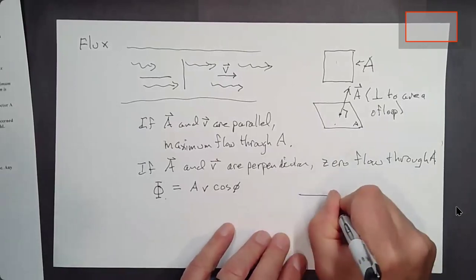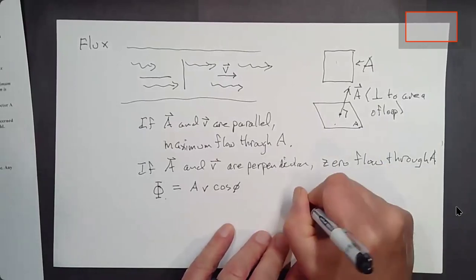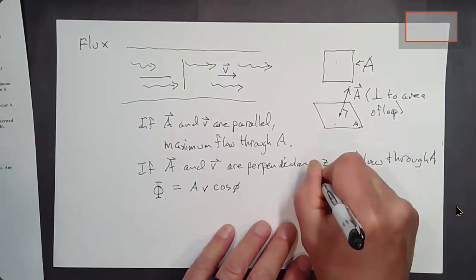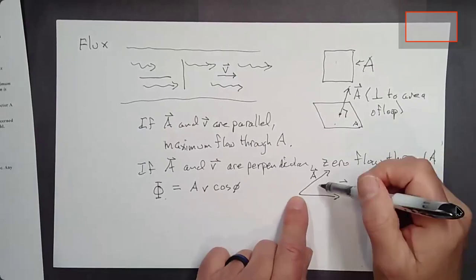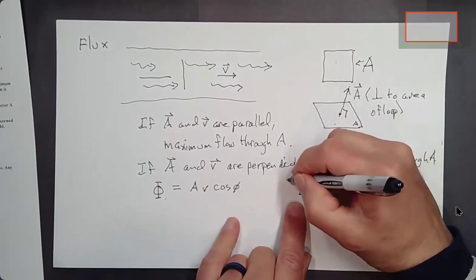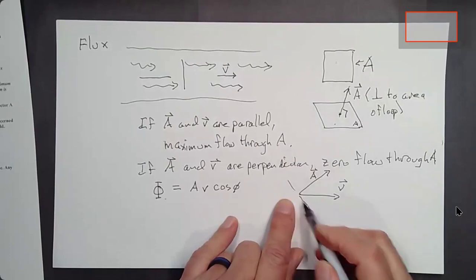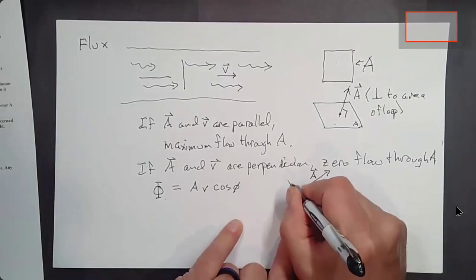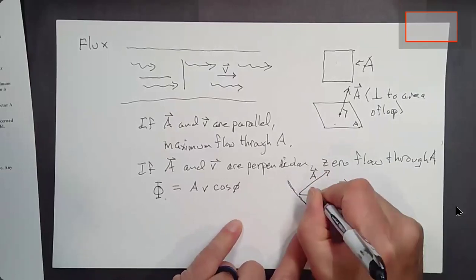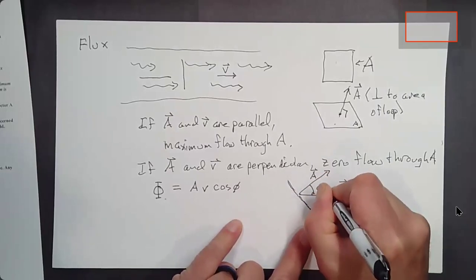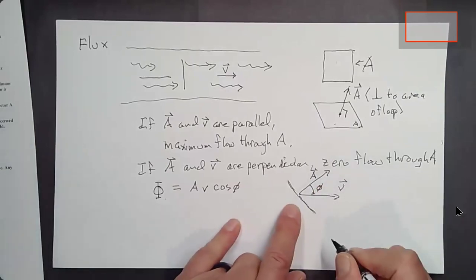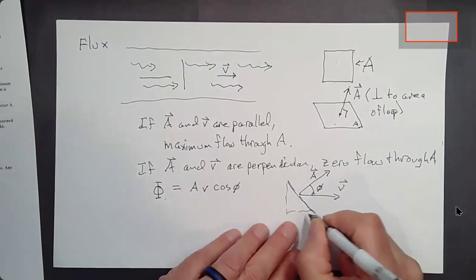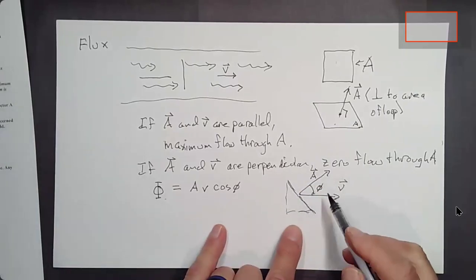If we've got V pointing that way and the A vector pointing in this direction, okay, remember A is actually perpendicular to the area A. This is the angle phi between those two things. Let me show you what A cosine phi is going to equal.